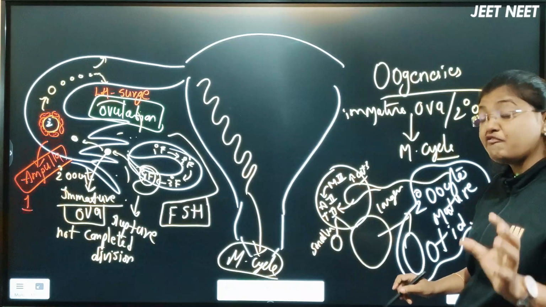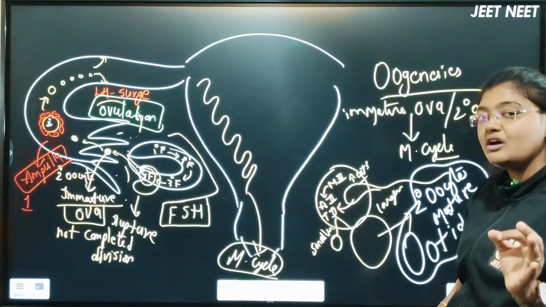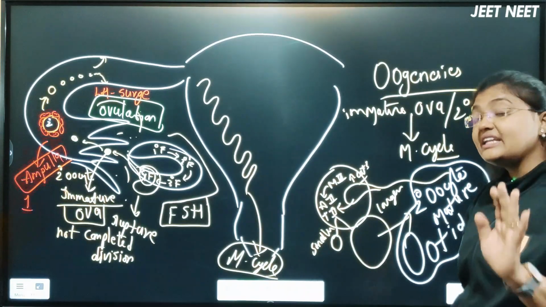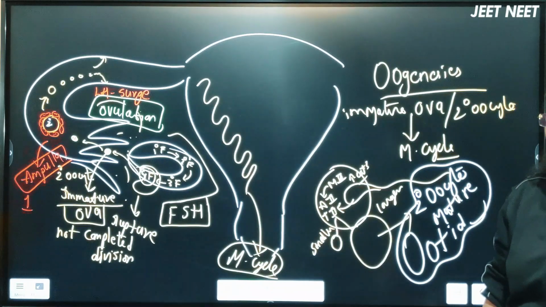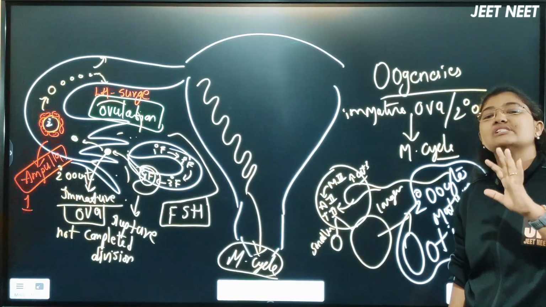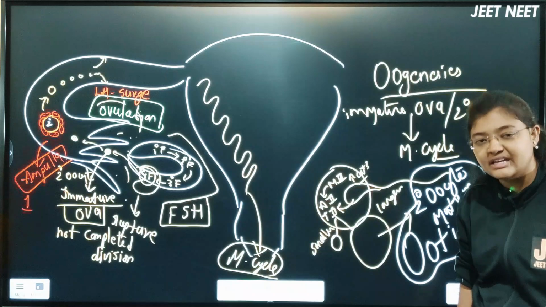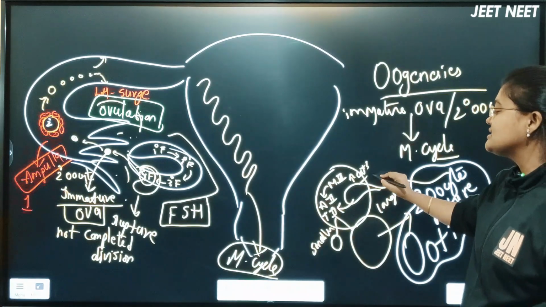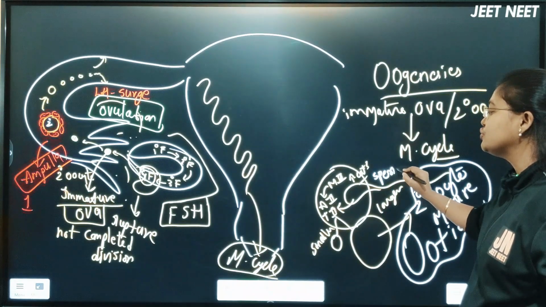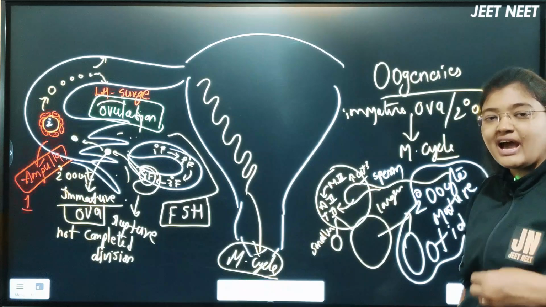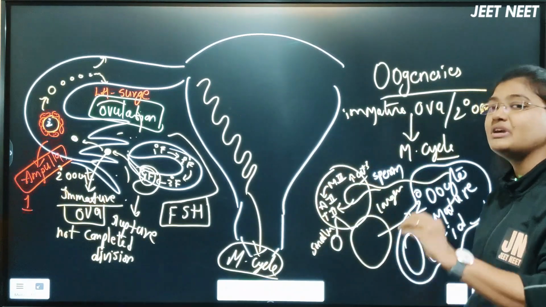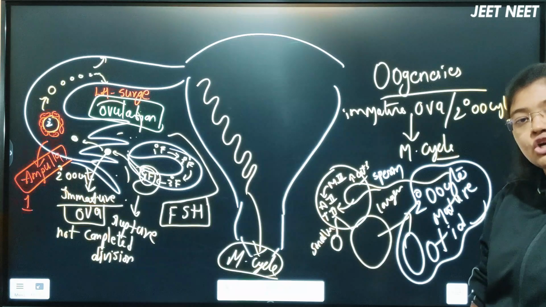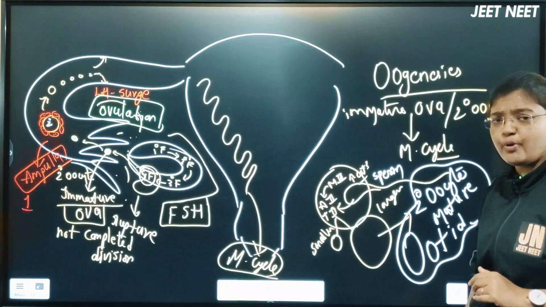The ootid forms after the entry of the sperm, and then the oogenesis process gets completed. That's what NCERT is telling: the oogenesis process never completes in our body unless the sperm enters the ovum. Every month, the secondary oocyte, which stops its division at metaphase 2, is regressed. Clear on this point?